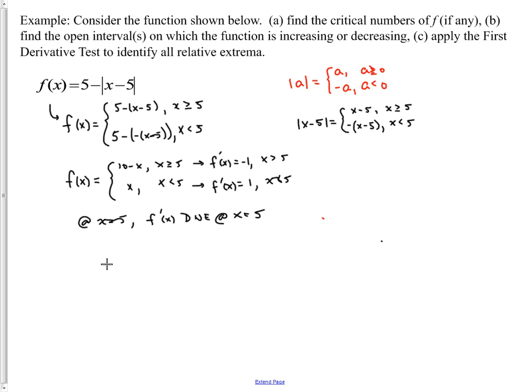Okay. So what could we say? Well, the critical number occurs, in this case, at x equals 5 and no place else. It's a critical number, by the way, because f prime of 5 is undefined.